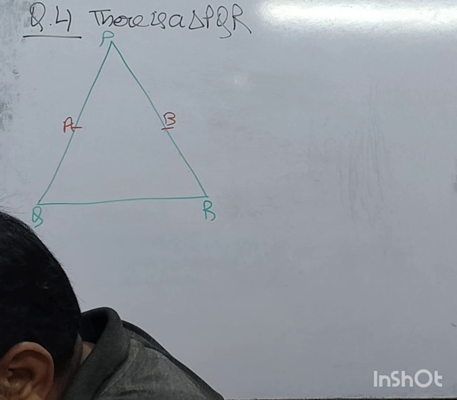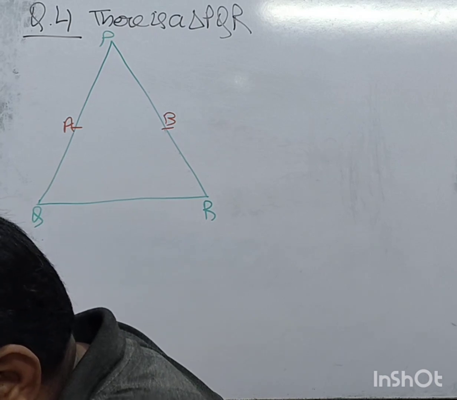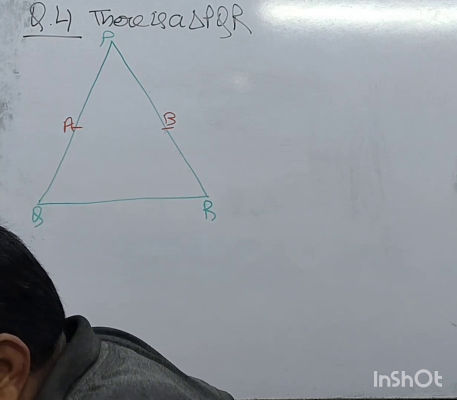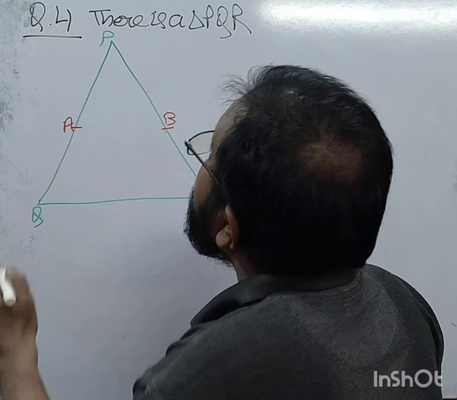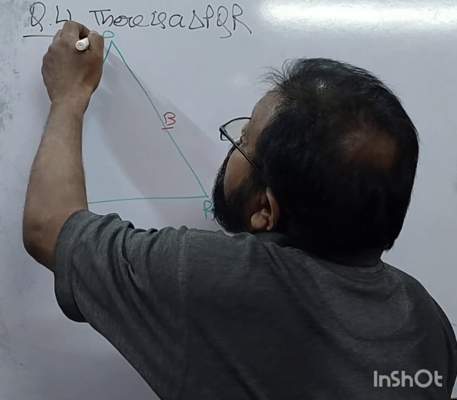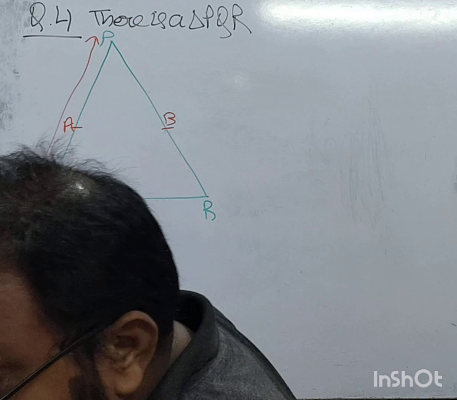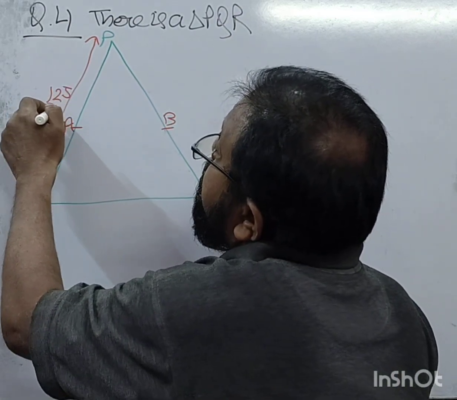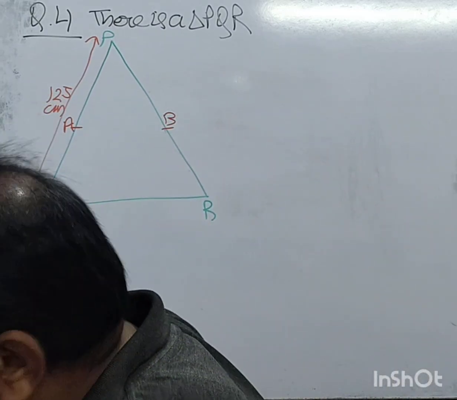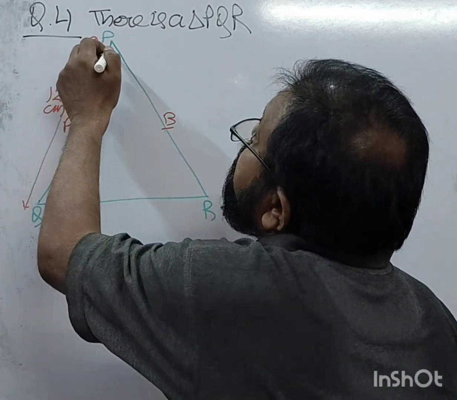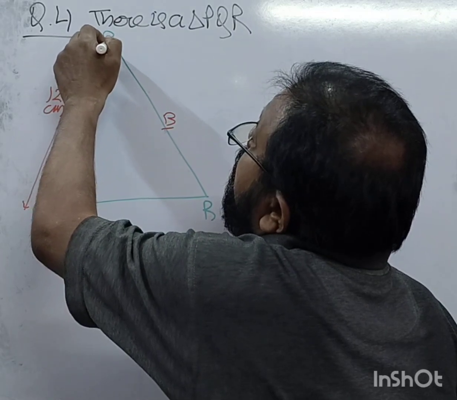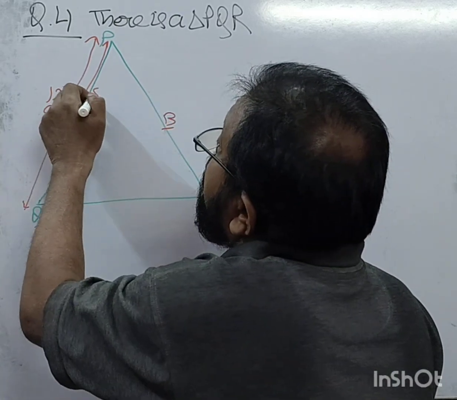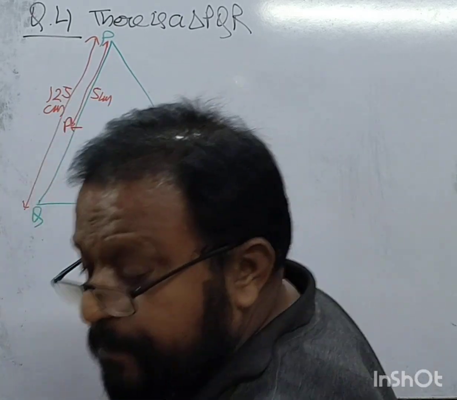Points A and B are respectively on the sides PQ and PR of a triangle PQR such that PQ is equal to 12.5 centimeter, and PA is 5 centimeter, okay.